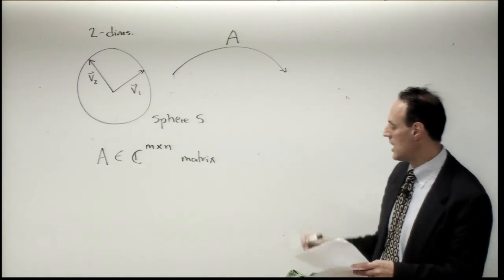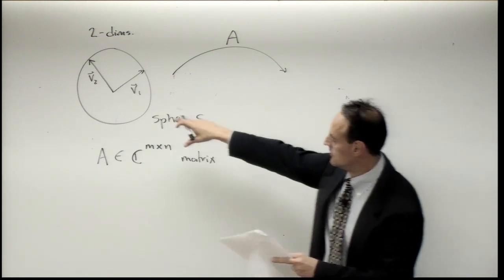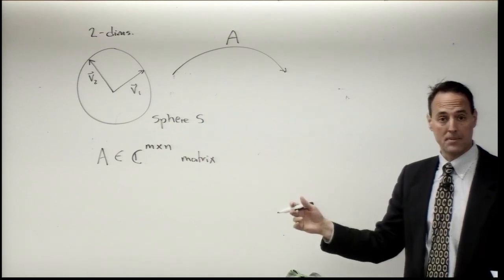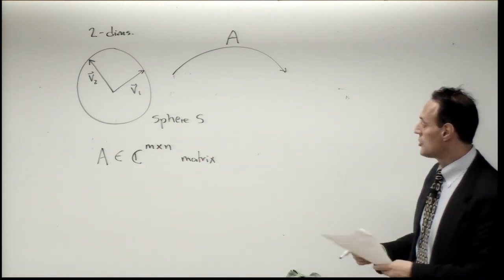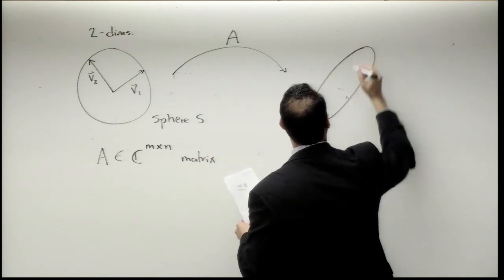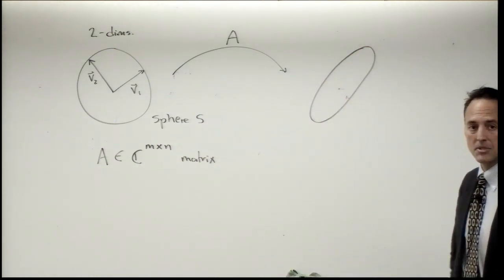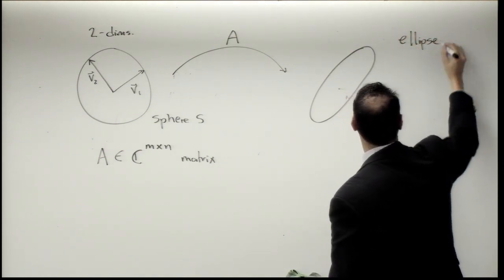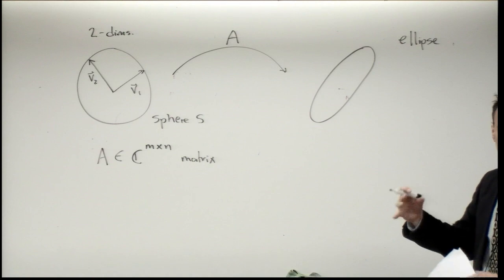Well, what happens if you take a sphere and you stretch it? It becomes an ellipse. So this thing here, generically, under the stretching process, becomes an ellipse. Okay, so you went from a sphere to an ellipse.